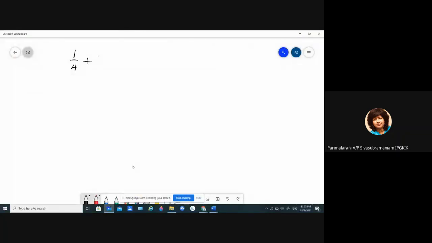You're given 1/4 plus 1/3, and you want to use the paper folding method. Everyone, can you take out a piece of paper, a paper strip? I want you to try with me, okay? What is the first step that we are going to do here?